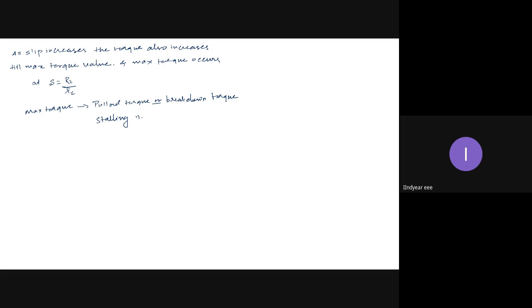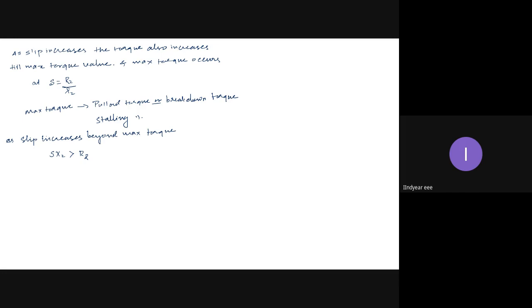When the slip increases beyond maximum torque, my S into X2 becomes greater than R2.